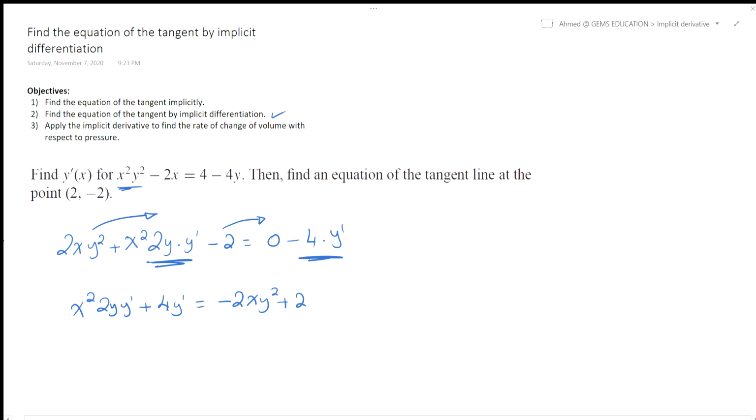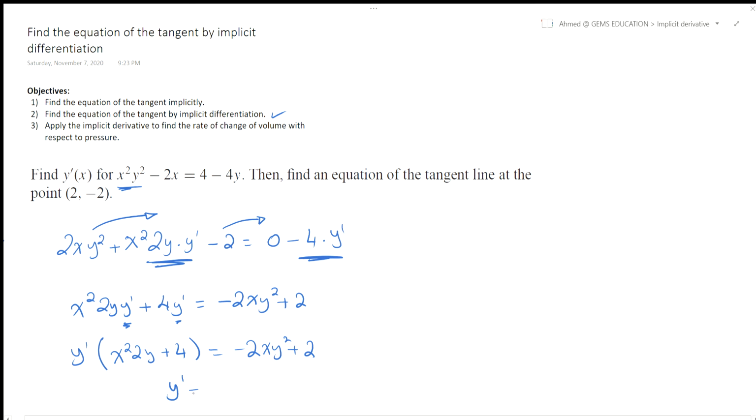Once we've reached this step, we need to solve for y prime, so I need to take y prime as a common factor. So here it is: y prime, open a bracket, x squared 2y plus 4, all of this equal to negative 2xy squared plus 2. Again, I'm solving for y prime, so I'll move this bracket to the other side by division.